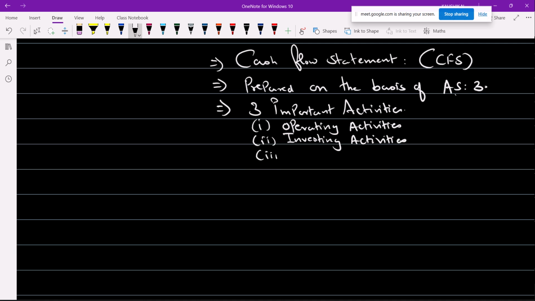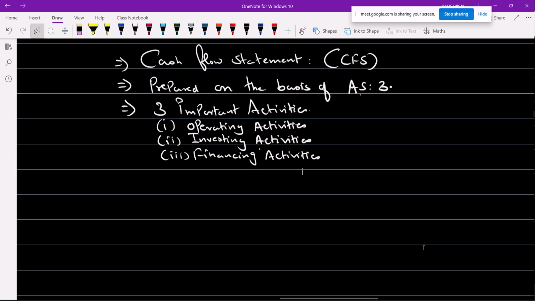And number three, financing activity. Any doubt up to this? No, sir. Now, the concept says operating activity deals with your core business operations.